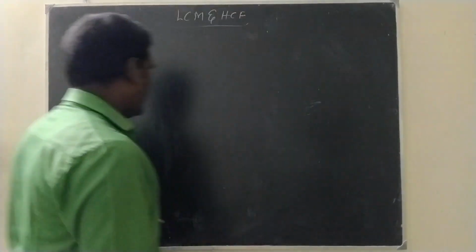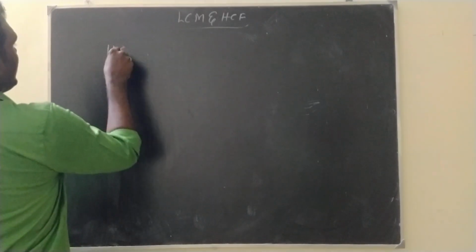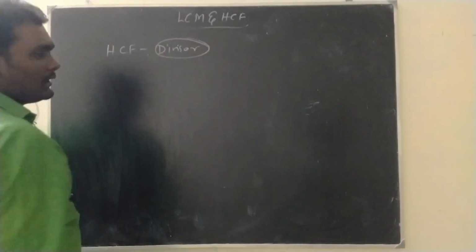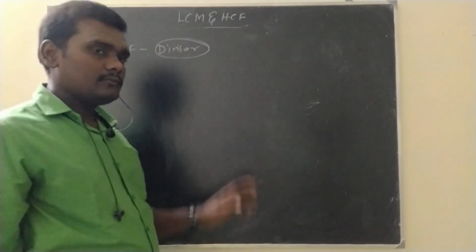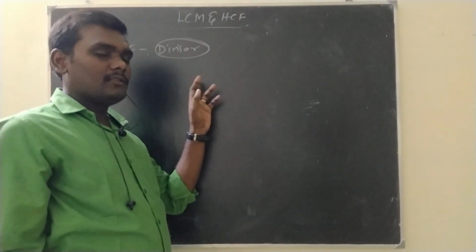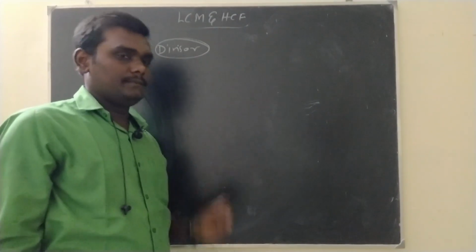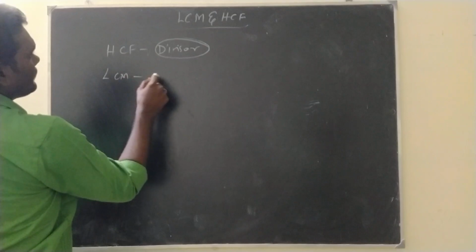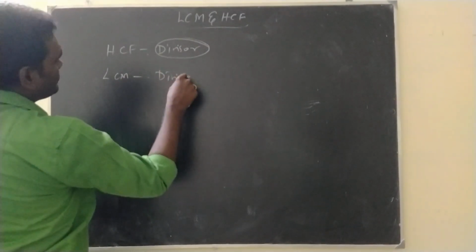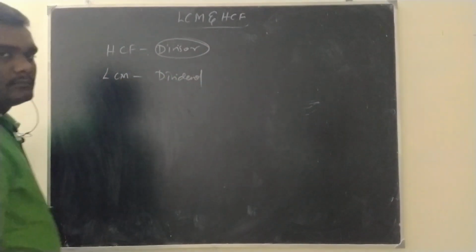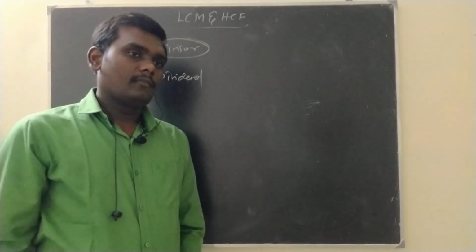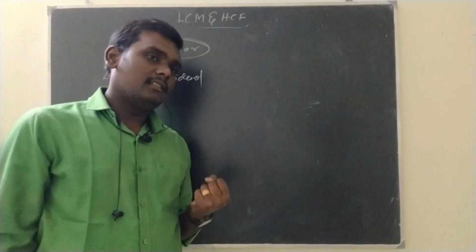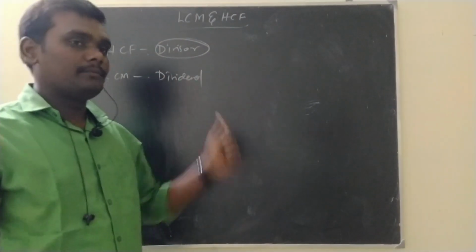That is it. You see, in short, the HCF is a kind of divisor that divides whatever we have in our hand. And this LCM is a kind of dividend. Using the numbers we are having in our hand, we should divide this LCM.